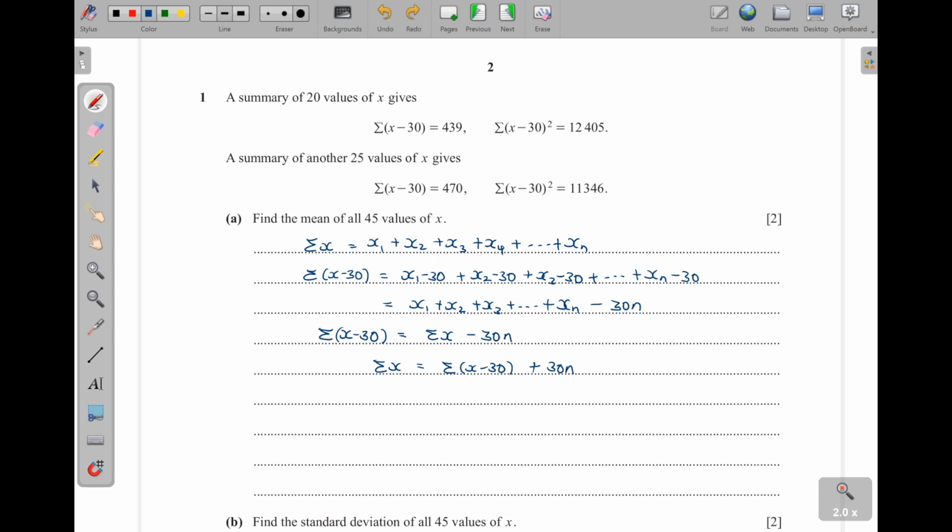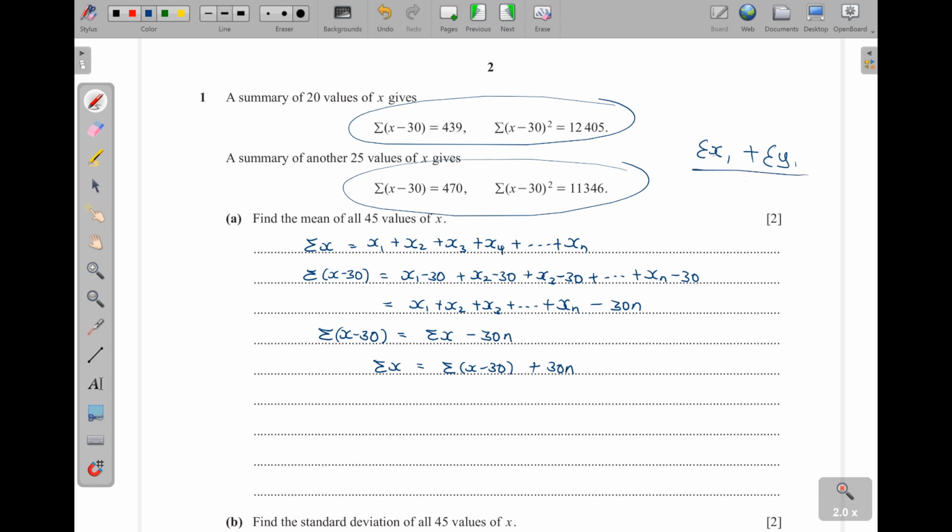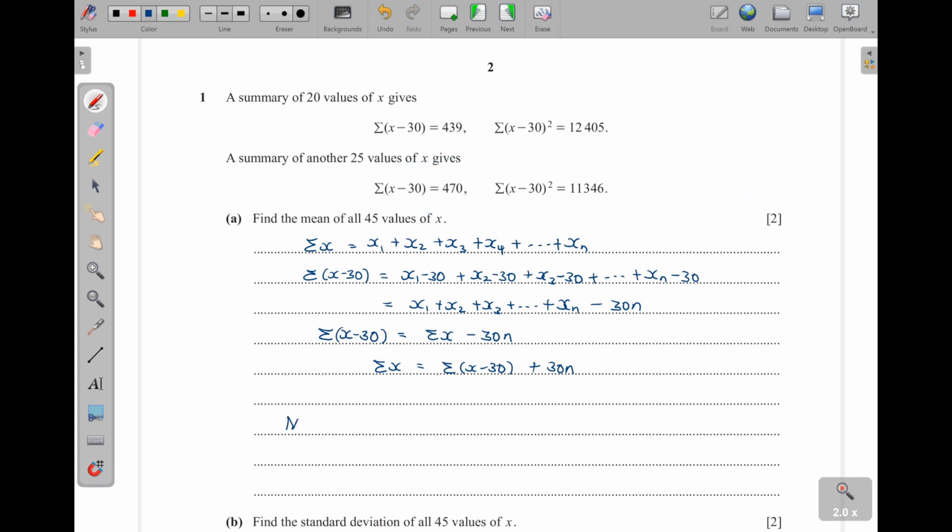Since this is for one group and then we have another group, I can have summation of x for the first group, then the other group, then I will divide by how many they are, n1 plus n2. So the mean is equal to summation of x plus, let's say, summation of y, divided by n1 plus n2. I'm taking this one for the second group.